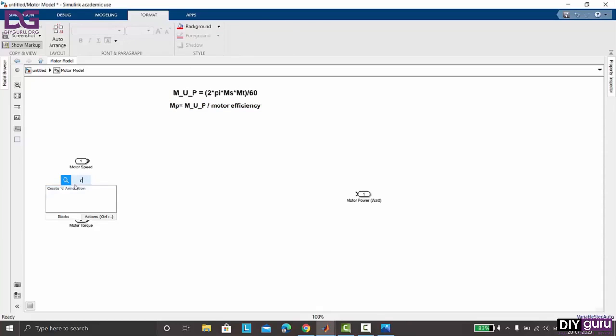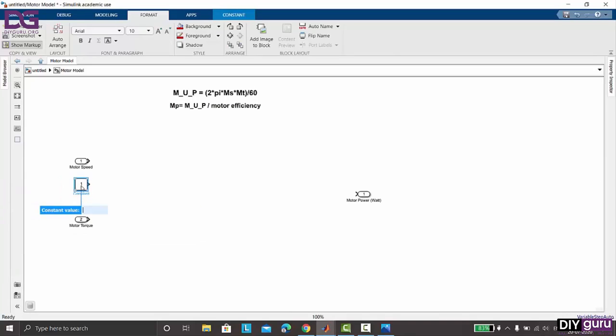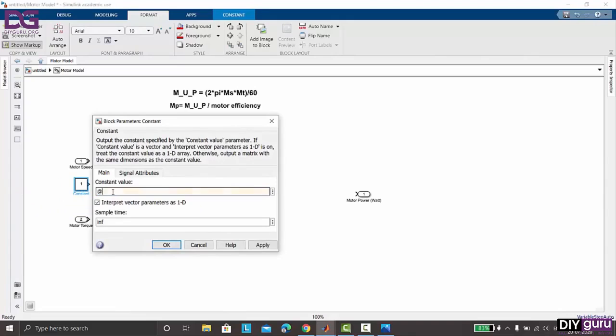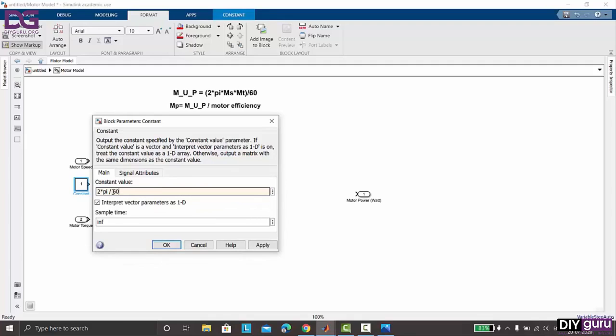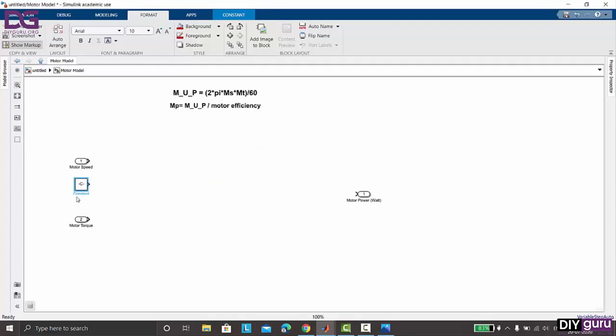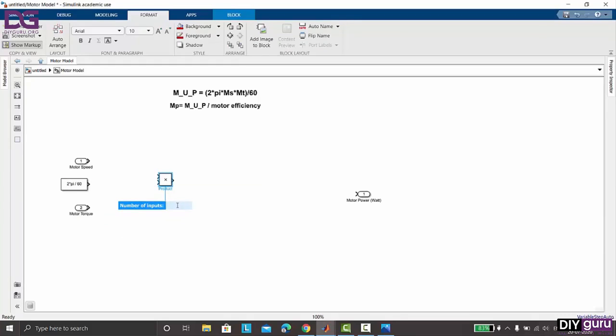Add one constant block, that is 2 multiplied by pi divided by 60. Product block and number of input as 3.